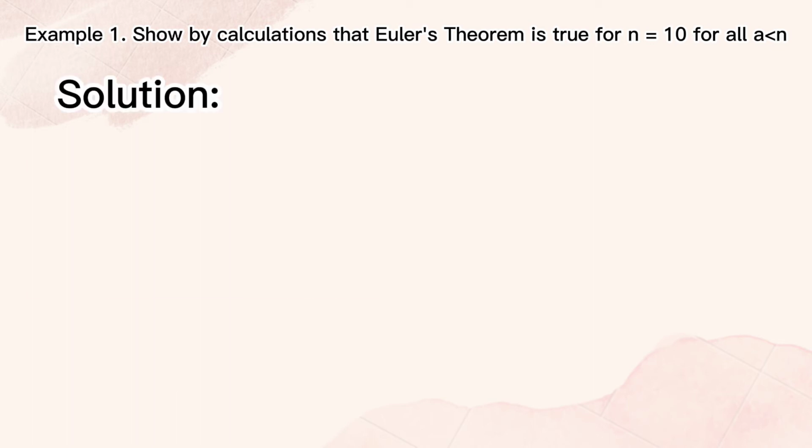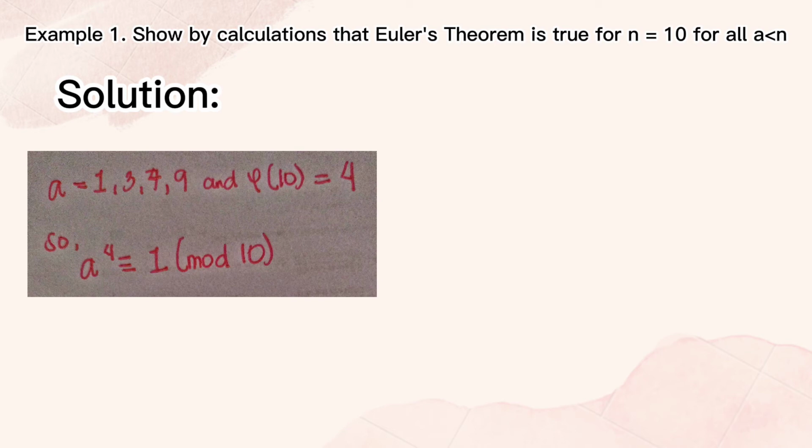Solution. All numbers less than 10 are 1, 2, 3, 4, 5, 6, 7, 8, and 9, but only 1, 3, 7, and 9 are relatively prime to 10. Thus, the phi of 10 is equal to 4. Now, if we take any number a equal to 1, 3, 7, or 9, raised to the power of 4, then it is equivalent to 1 modulo 10.